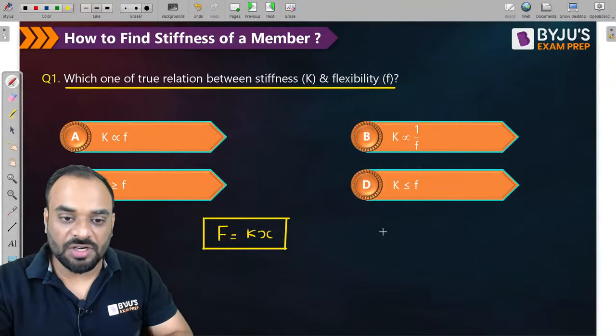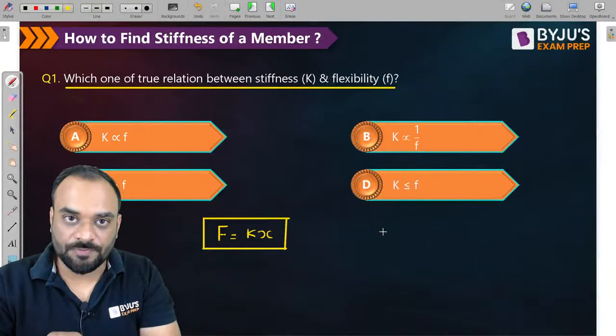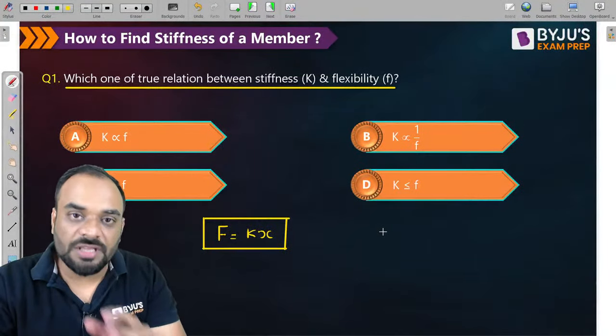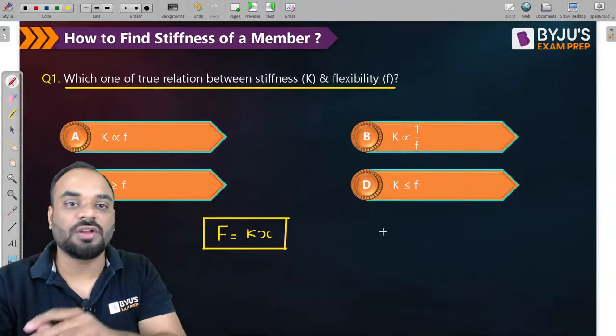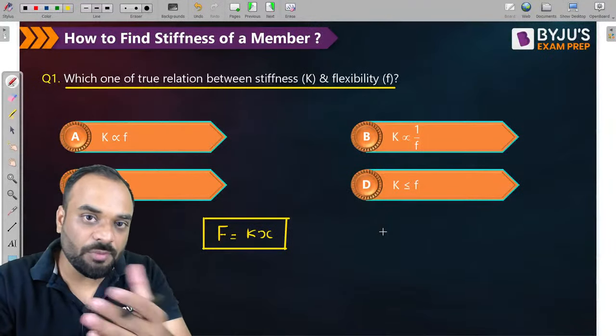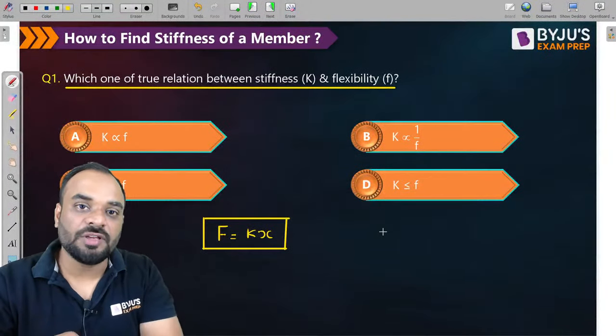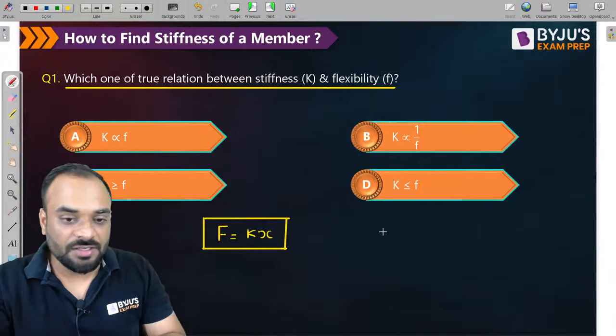What it means actually is the displacement caused by unit force. That means if we apply unit moment, then the amount of rotation that occurs at the near end is known as flexibility.